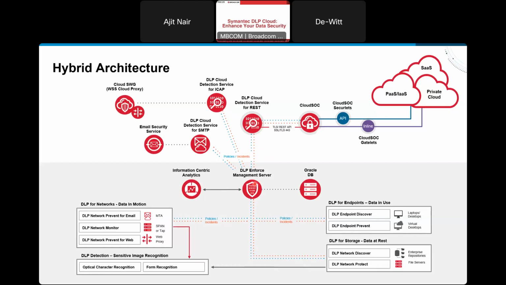So you can create those agent packages. We do support various flavors of operating systems, including Red Hat Linux, Windows, and Mac. So you create those packages on the Enforce server, and you can protect your on-prem use cases by leveraging all our detection servers.